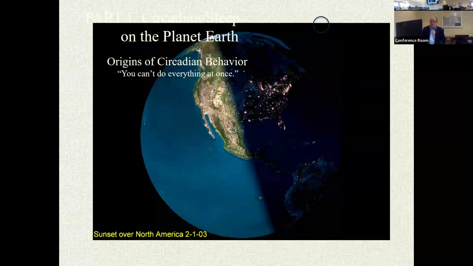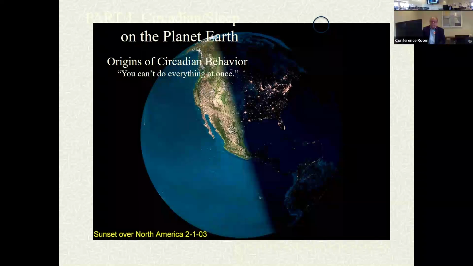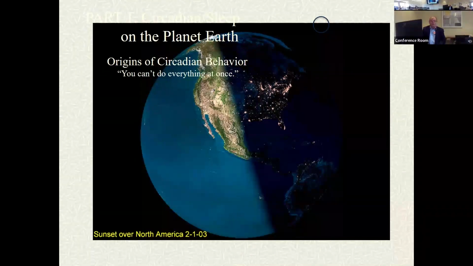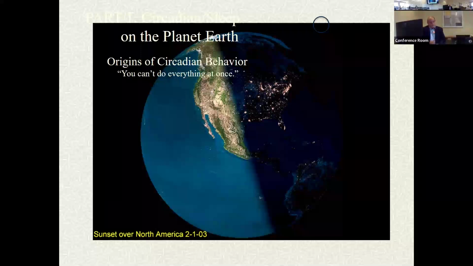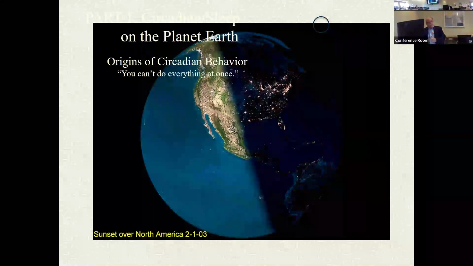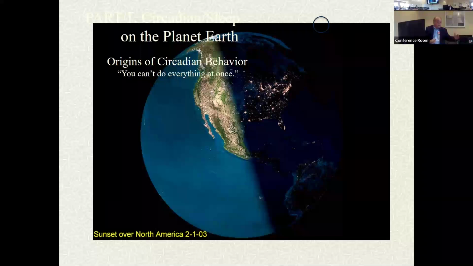So what's the origin of circadian rhythm? Well, this is night and day on planet Earth, and you can't do everything at once. That may be the origin of circadian rhythm. I just learned the other day that the line between light and dark is a little fuzzy. The line between light and dark on the moon is just like a line. On one side it's minus 300 degrees, and on the other side it's plus 300.